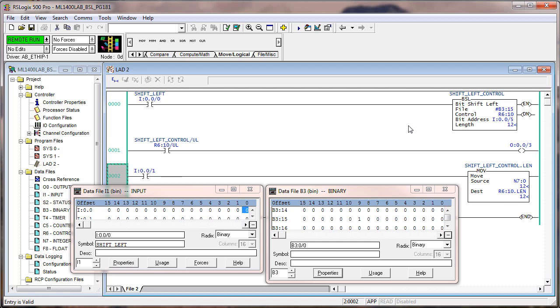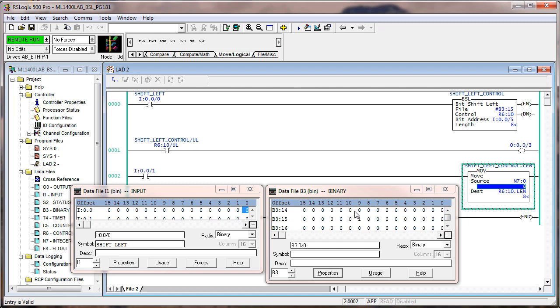Change N7:0 to 8. Okay, so we're going to go up here. I could do it here. I'll just do it here. That's what I told you to do. Change it to 8. Push the button. Now the length is 8. Okay, the bit was poised on the next shift to go to the 11th bit, bit 10, and turn on the unload bit.